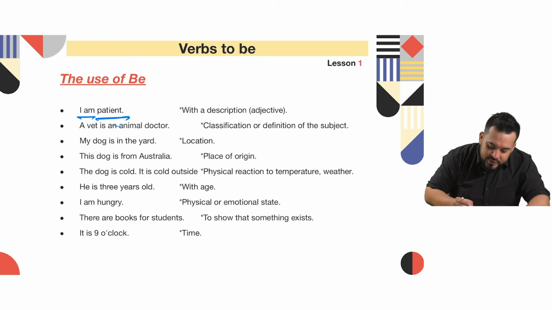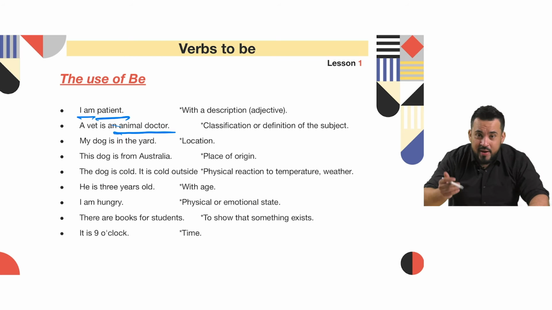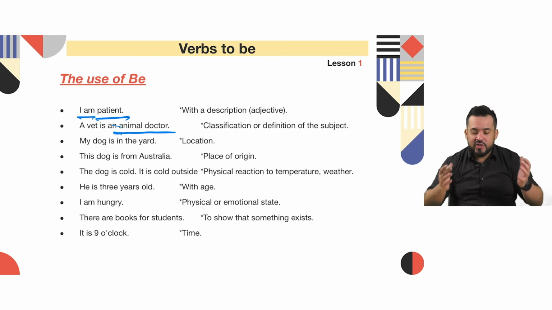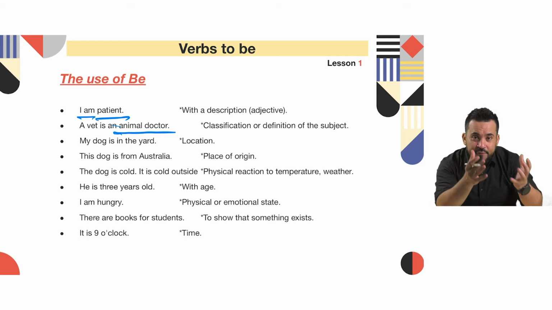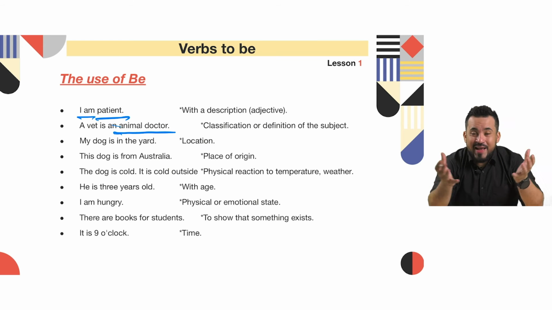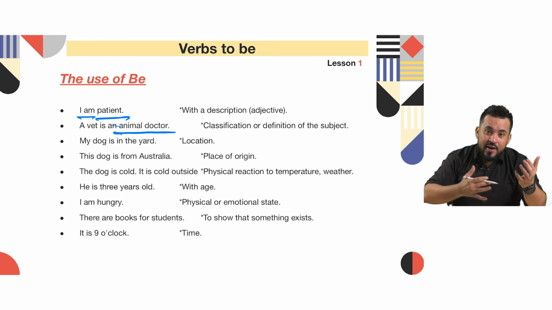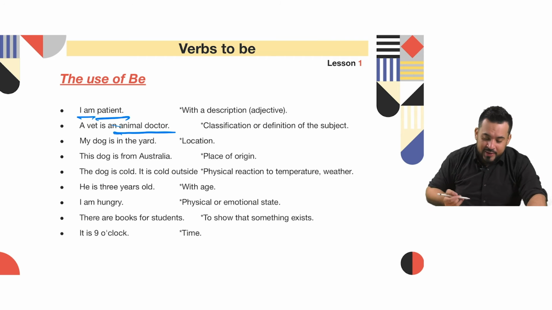A vet is an animal doctor. Here, this is called classification. What is classification? It is a definition of the subject. It means how this subject is classified. He is a vet. He is an animal doctor. Animal doctor is what vet means. That means the definition of a vet.